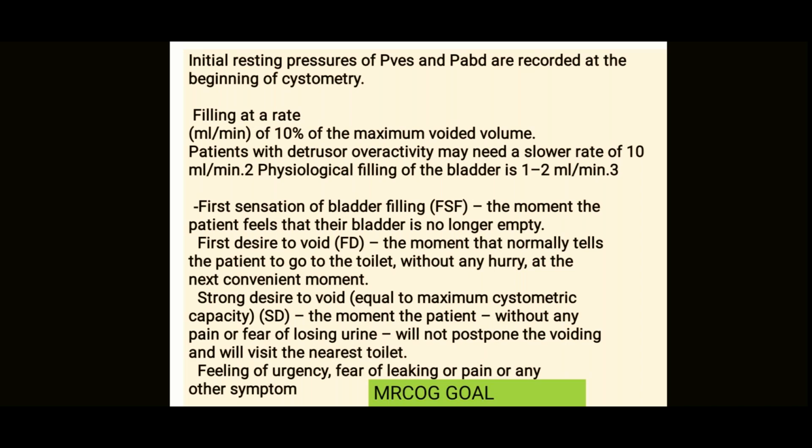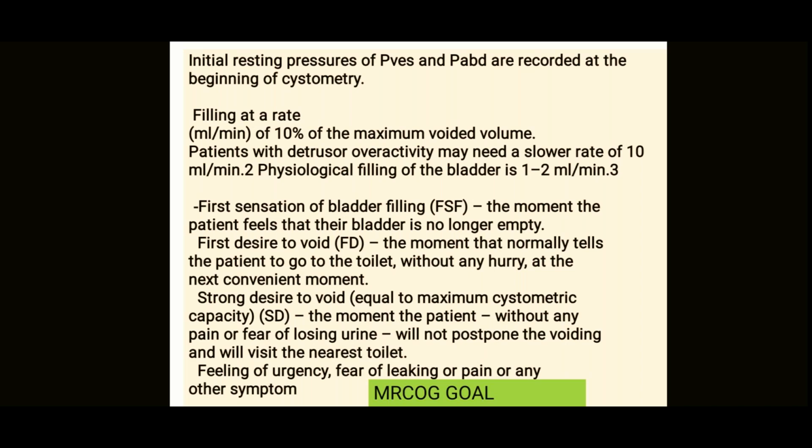So whatever is the volume that has been voided during the uroflowmetry, 10% of it is the rate. Generally, it is 1 to 2 ml per minute. In physiological filling, the patients with detrusor overactivity may need a slower rate. When we do urodynamic testing, it is 10 ml per minute, whereas physiologically it is around 1 to 2 ml per minute. That is the rate of filling of the bladder.